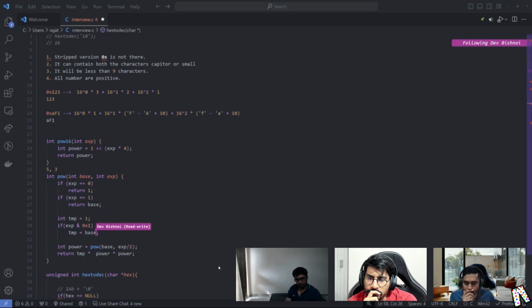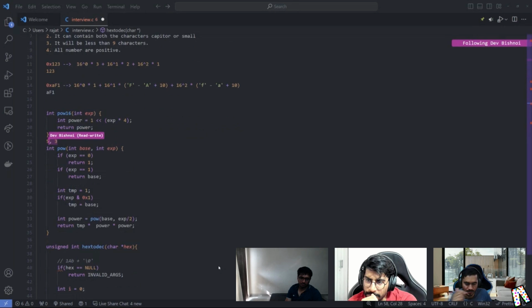Then if exponent is odd, it takes the base as part of the temp, and temp is returned. If it is even, then my temp is anyway 1. And then power into power. So this typically takes a log of exponent time, whatever exponent initially is.